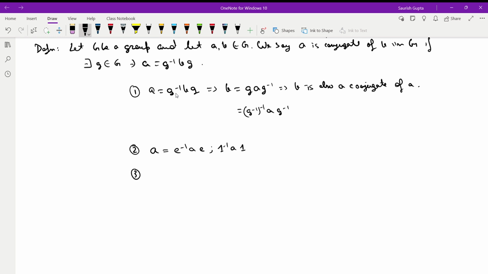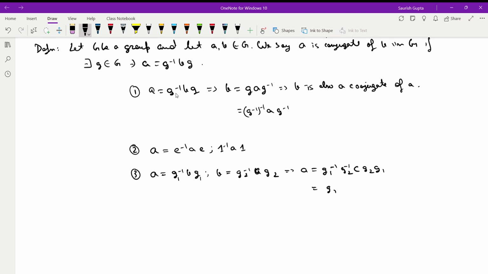The third observation, which I guess you should already have guessed, is that if I can write A as g1 inverse B g1, and I can write B as g2 inverse C g2, then I can write A simply as g1 inverse g2 inverse C g2 g1.